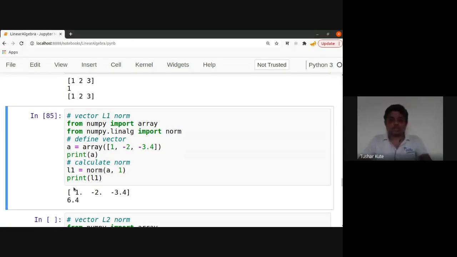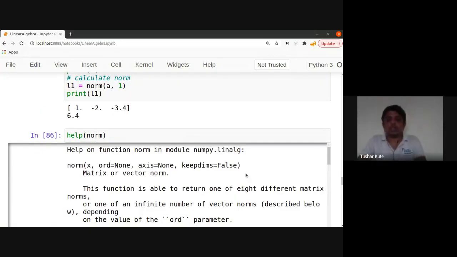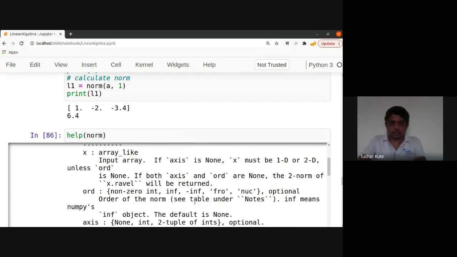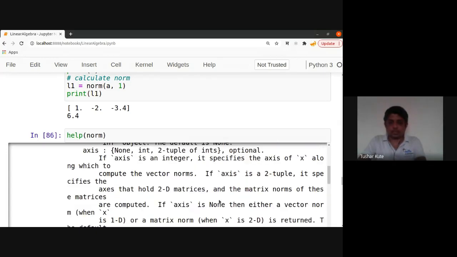See, there's a norm function I have taken. I'll just come below. I'll show the help of this function. Help of norm. You can see this. Now, see, norm x and some other parameters are also given. So which norm you have to assign, that you also have to mention over there. You can see this. So the values you can pass as input to it.